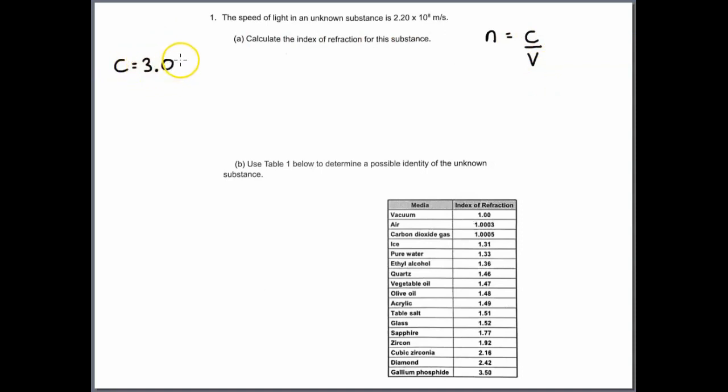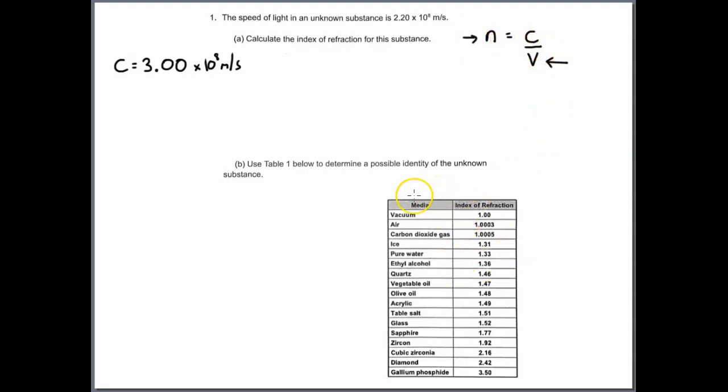I think it helps to remember this number: it's 3 times 10 to the 8 meters per second, or 300 million meters per second. That will never change. It's a constant. What will change, though, is v, depending on the material you're in. And since v depends on the material you're in, so does n.